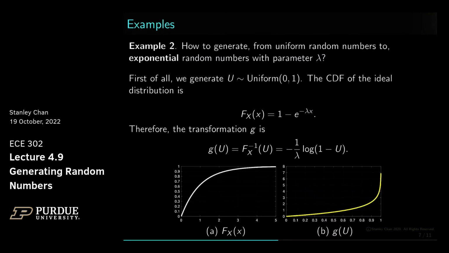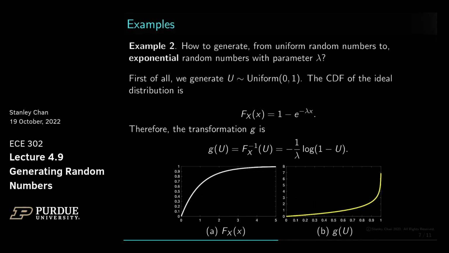So example 2, we want to generate exponential random numbers from a uniform random number. To do this, we use the same high-level outline that we did last time. You start off with a uniform. U is a uniform distribution, and you'd have a CDF of the ideal distribution defined as f of x. And this is just the exponential distribution. You can look that up or derive it yourself.